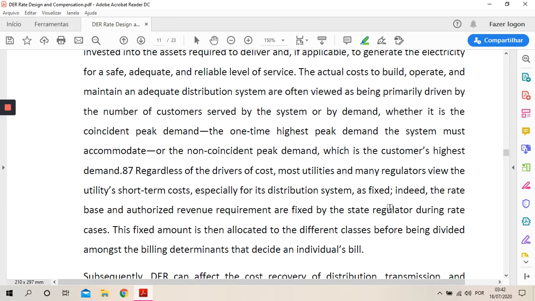The actual costs to build, operate, and maintain an adequate distribution system are often viewed as being primarily driven by the number of customers served by the system or by demand, where there is the coincident peak demand, the highest peak demand the system must accommodate, or the non-coincident peak demand, which is the customer's highest demand.